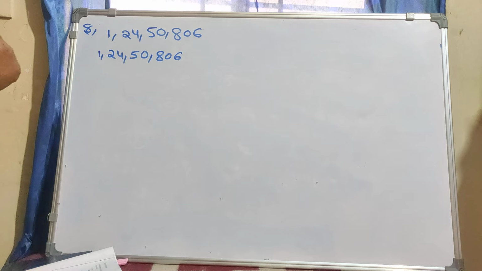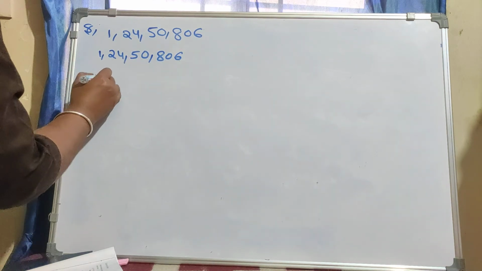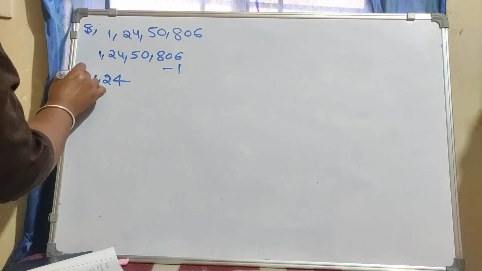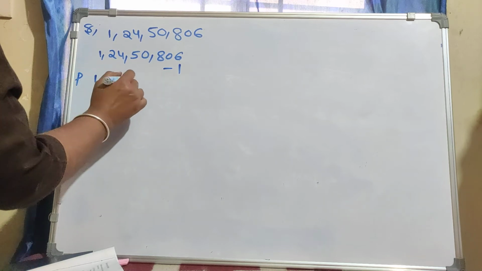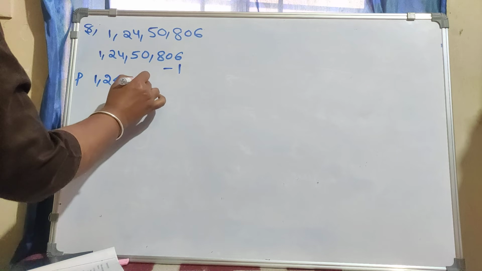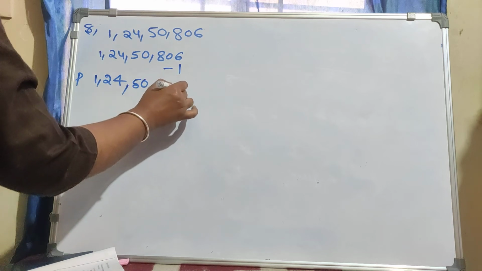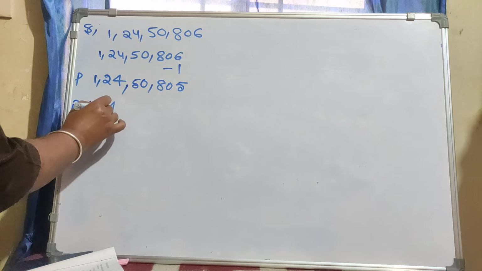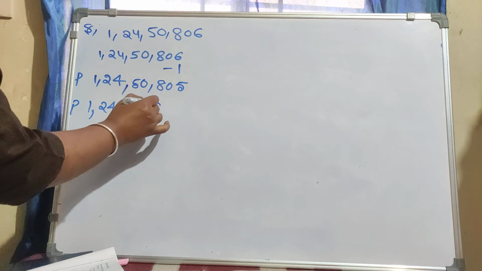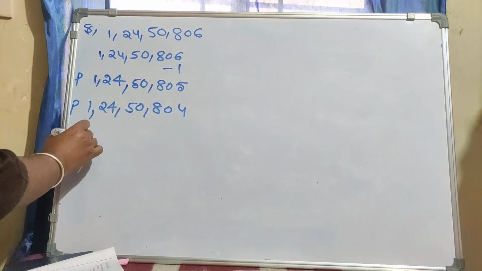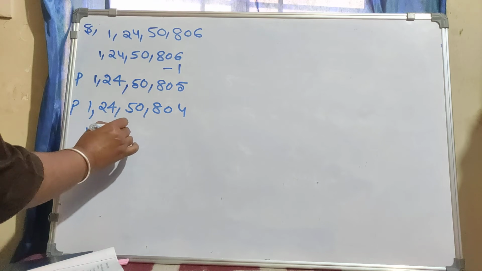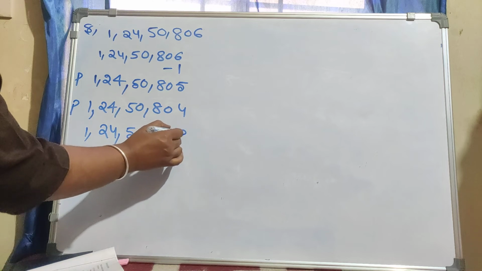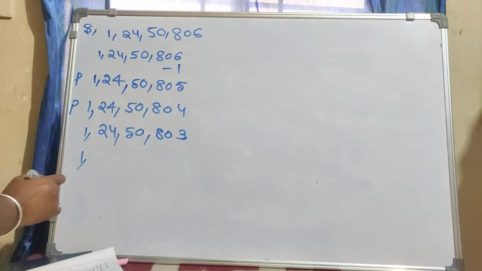Now what is the predecessor of this number? 1 lakh minus 1. 1 crore 24 lakhs 50,805. And the next predecessor 1 crore 24 lakhs 50,804. Next 1 crore 24 lakhs 50,803. Sorry for the confusion, guys.